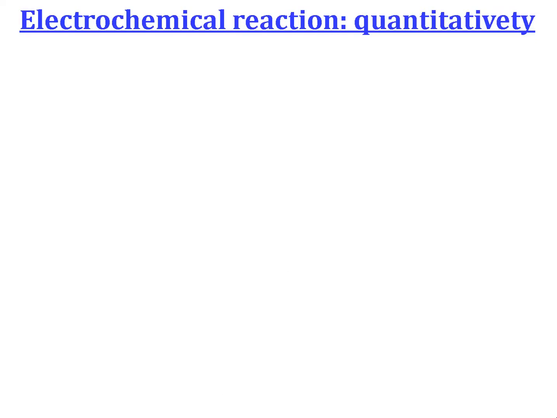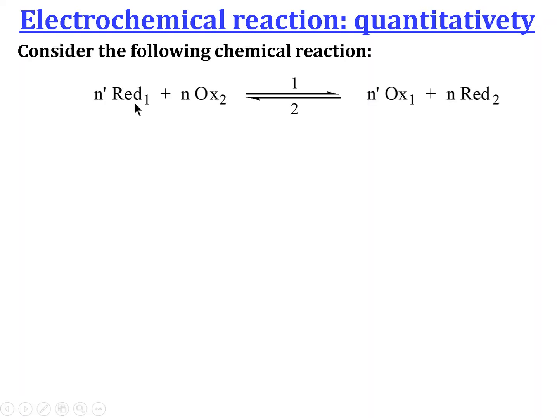Conditions of quantitativity of the electrochemical reaction. Consider the following electrochemical reaction between Red1 and Ox2. K of this reaction can be given by two expressions.